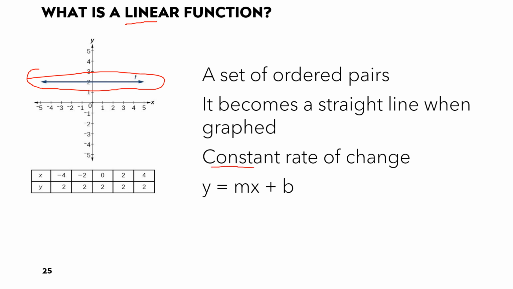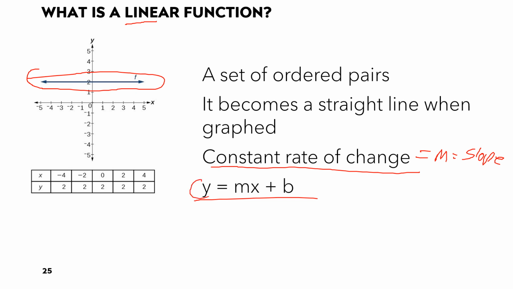And this is what we call, it has what we call a constant rate of change, which you're going to learn is slope. And later on, next lesson or two, we're going to use this equation. This equation is going to show up for the rest of your mathematical career, but it's pretty easy.